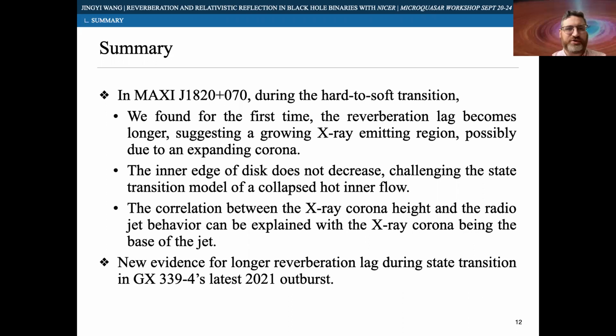I think we have a question in the room. We do. Hi, this is Jiří Svoboda. I have a question concerning your statement that the corona contracts during the hard state. Later this afternoon, we have a session where we are going to discuss the relative contribution of where the action is taking place. Is it in the corona or in the jet? If it takes place in both, could this contraction of the corona be interpreted as a change in the relative importance in terms of emission of the corona with respect to the jet?